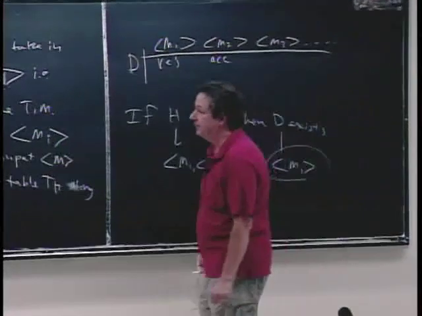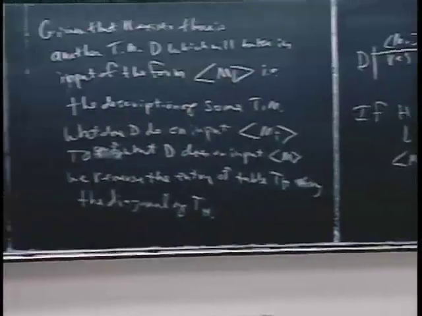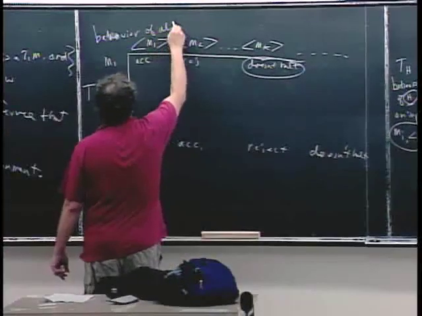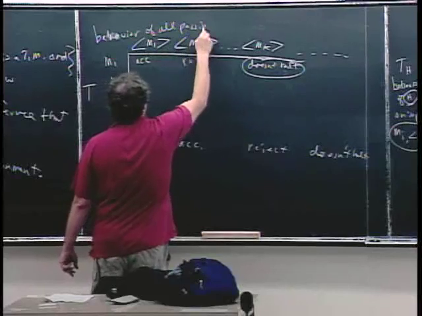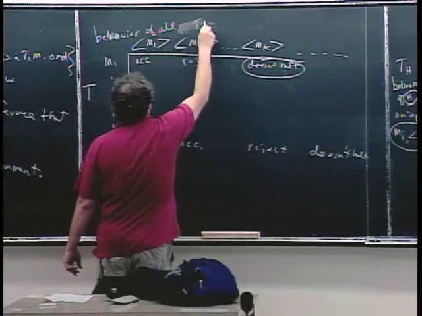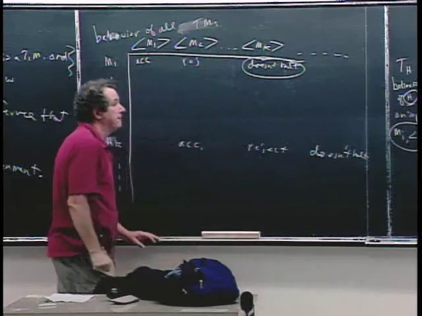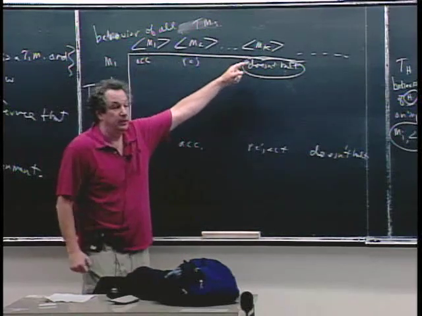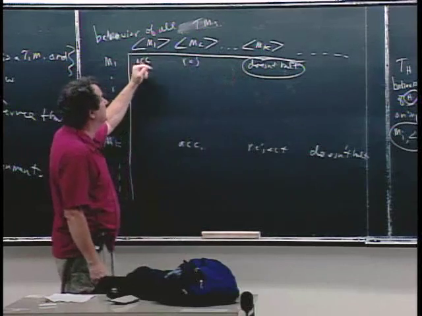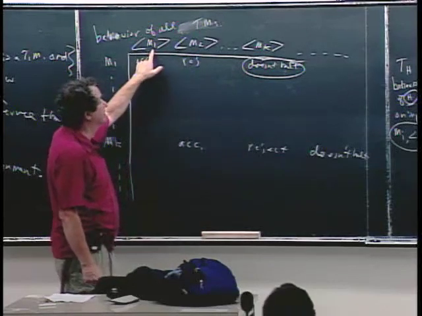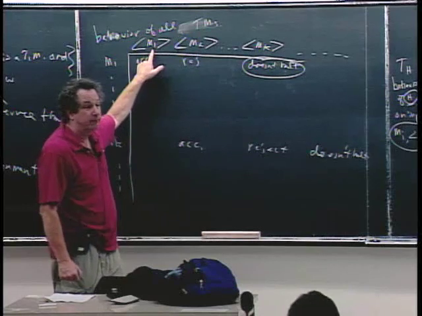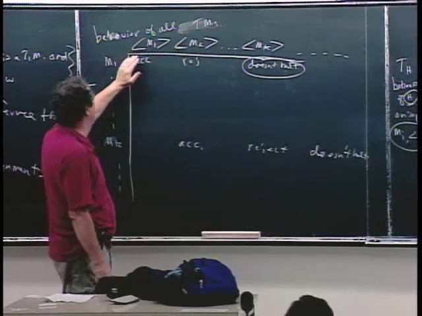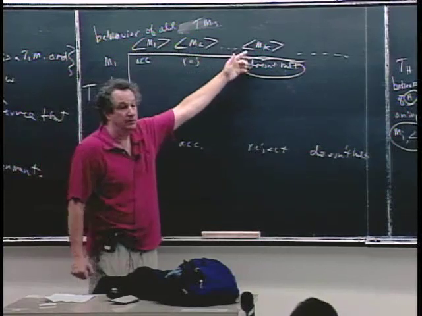All right? Well, back over here, this is the behavior of all possible Turing machines. Okay? This is the list of the Turing machines, and this is the input. So in this table, the input is the same as the input to D. Okay? The input to M1 is the description of M1, the input to M2 is the description of M2 and so on.